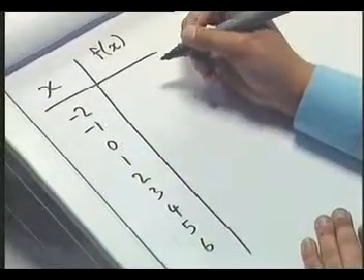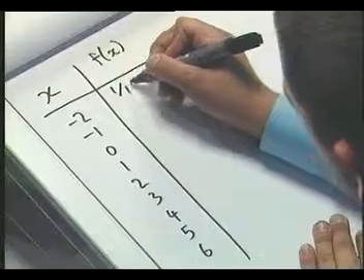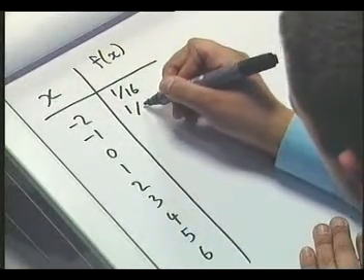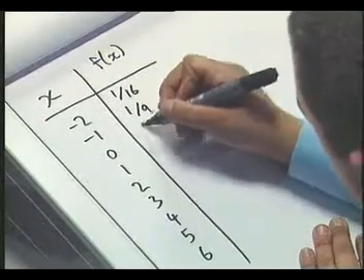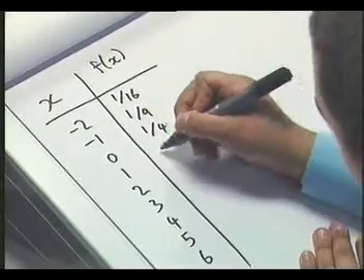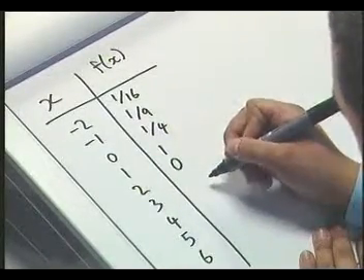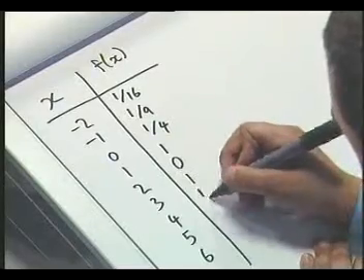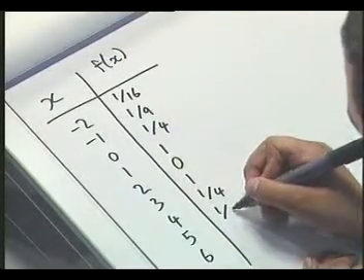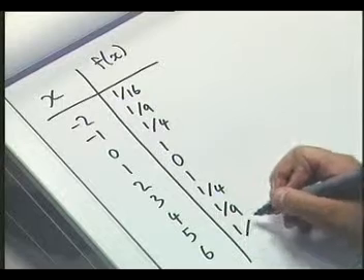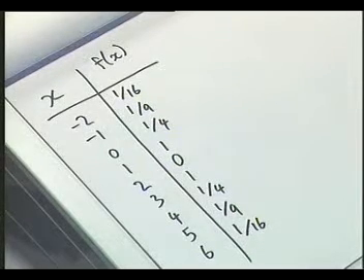And the values we got for the outputs: 1 over 16, 1/9, 1/4, and 1, 0, 1, 1/4, 1/9, and 1 over 16.